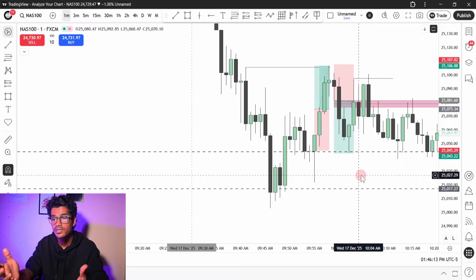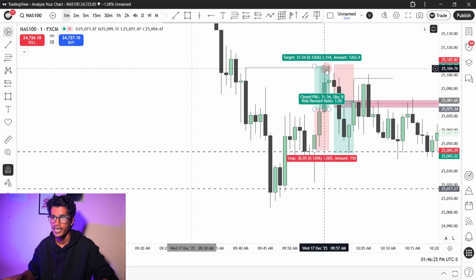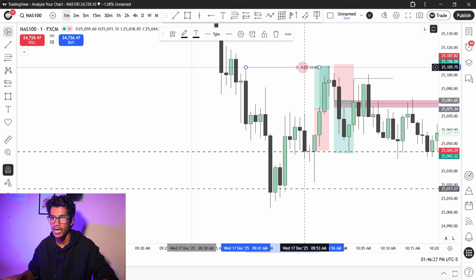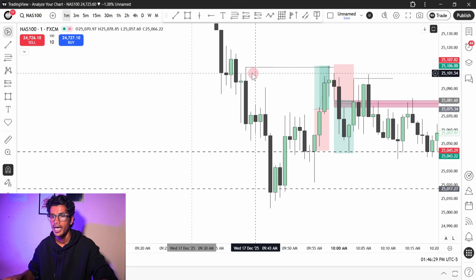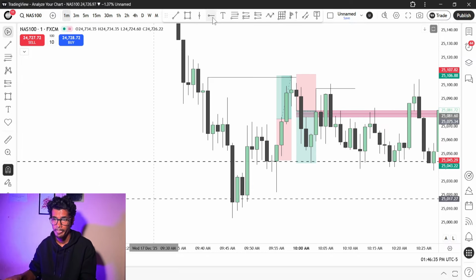I'm just literally scalping. I'm not going with high leverage or whatever. I'm just taking a small amount and trading. So why did I enter this trade, targeting that high? This trade, I had my limit order exactly at that high. Now why did I enter that trade?